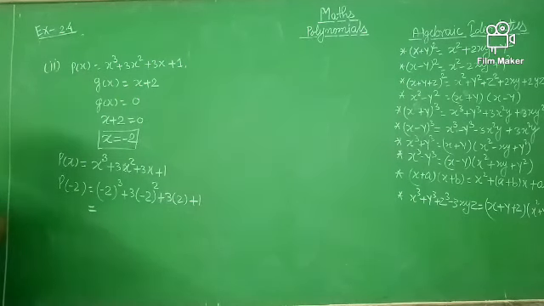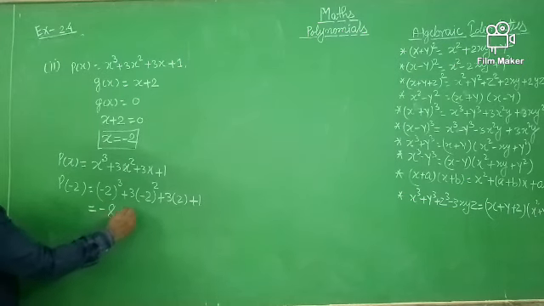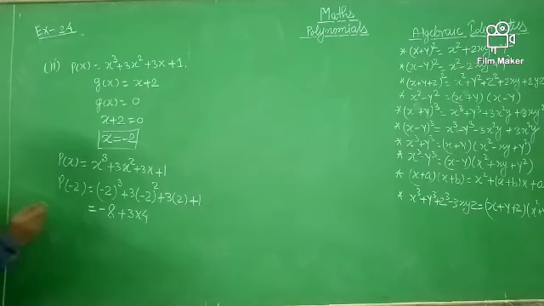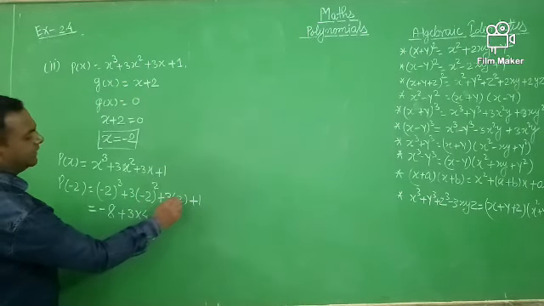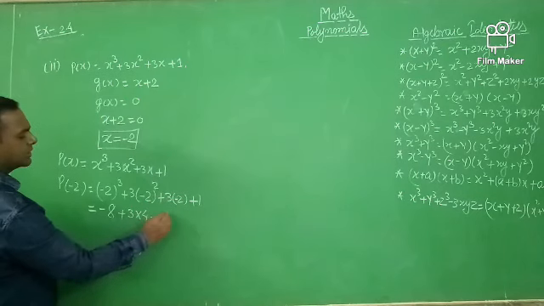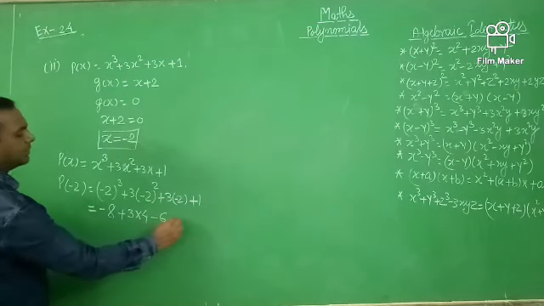Minus 2 cube means minus 2 into minus 2 into minus 2, three times, which gives minus 8. Then plus 3, and 2 twos are 4, because the power is an even number, so minus converts into plus. Then 3 into minus 2 is minus 6, and plus 1.